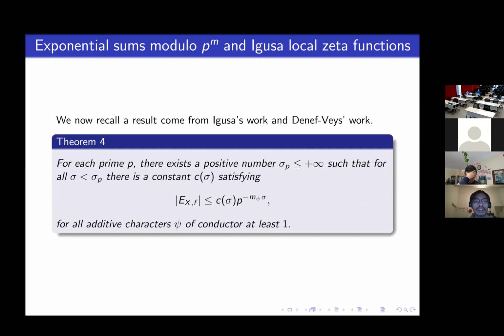So now I start to recall a result coming from Igusa's work and the work of Denef and Sperber. I denote it by Theorem 4. For each prime p, there is a positive number sigma_p less than or equal to plus infinity, so that for all sigma less than sigma_p, there is a constant C_sigma satisfying |E_X(f, psi)| less than C_sigma times p to the power minus m_psi sigma, for all additive characters psi of conductor additive 1.